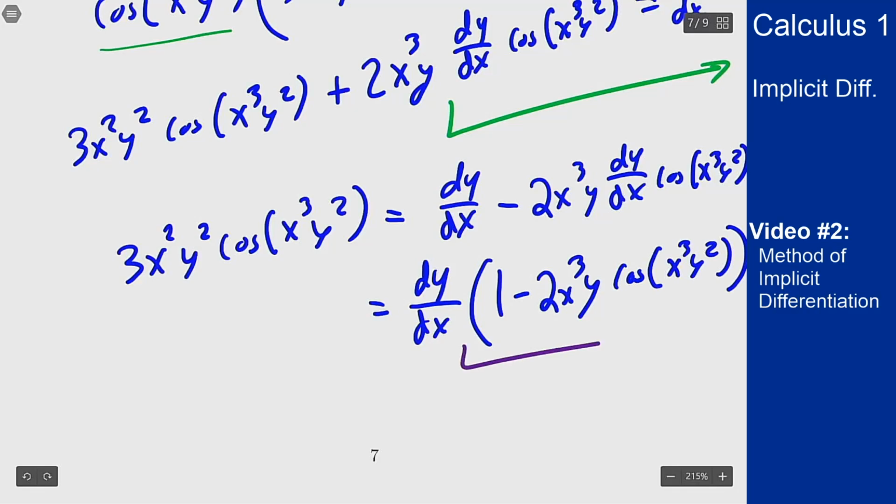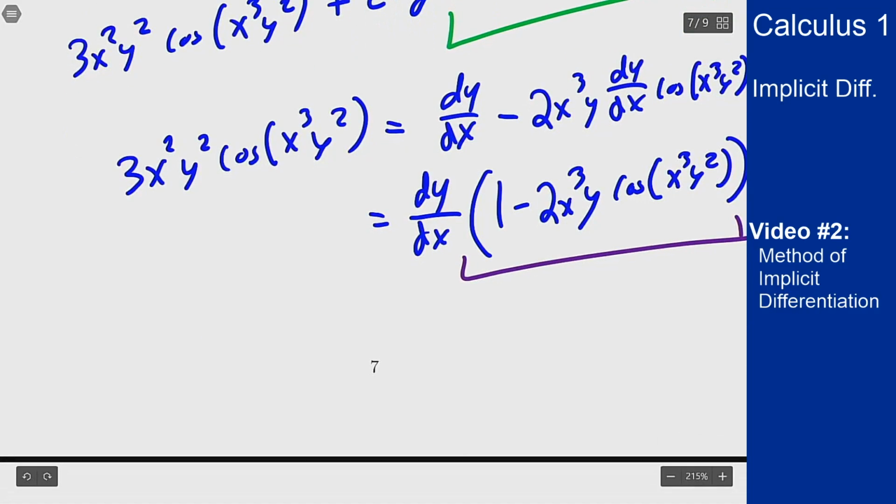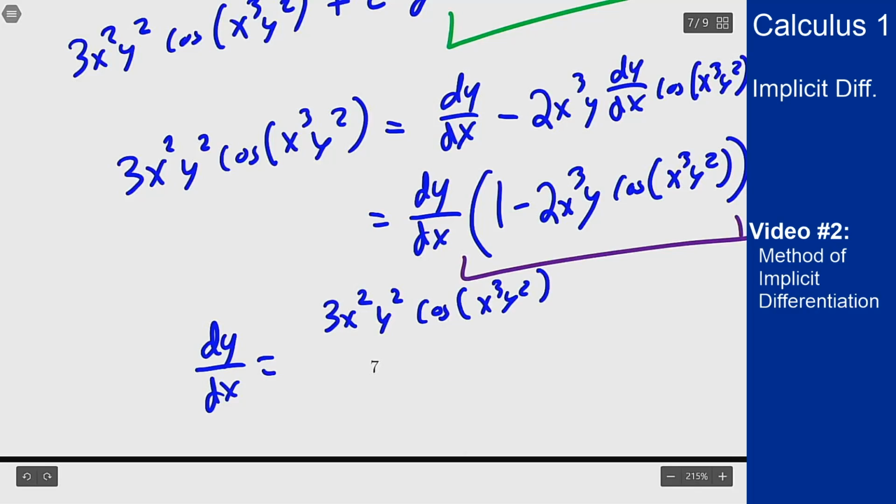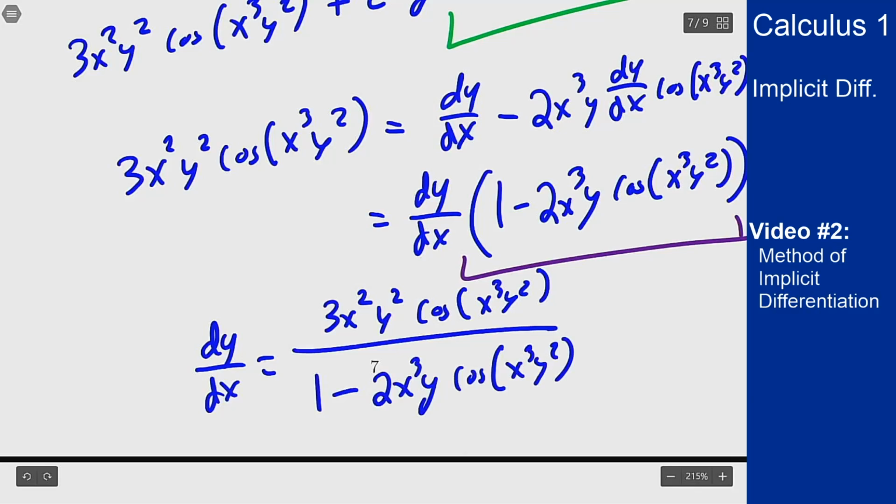Then divide both sides by this whole bit that multiplies dy/dx to isolate dy/dx. When I do so, I get dy/dx equals 3x squared y squared cosine of x cubed y squared divided by 1 minus 2x cubed y cosine of x cubed y squared.